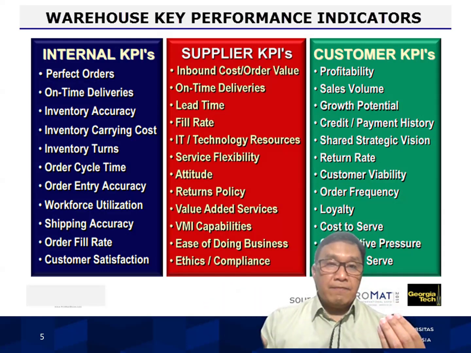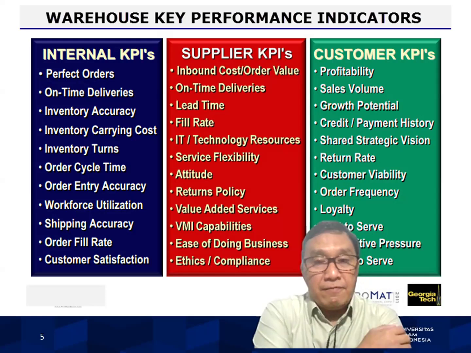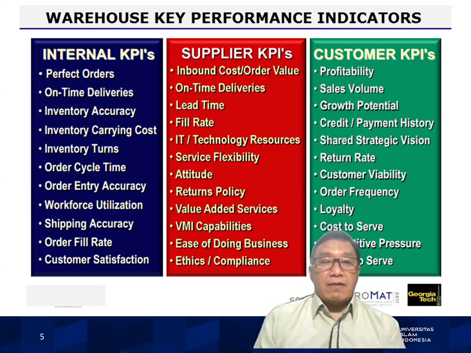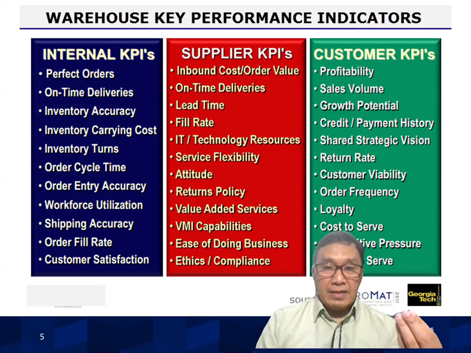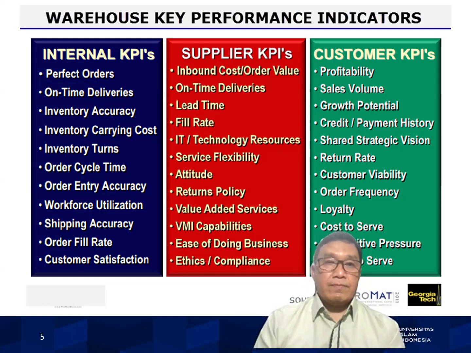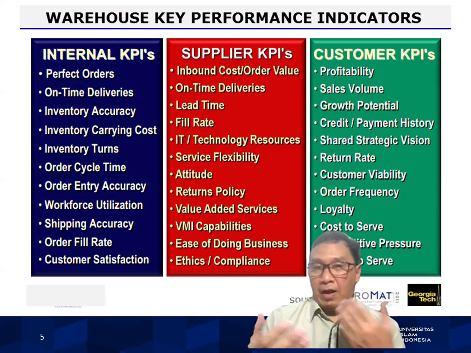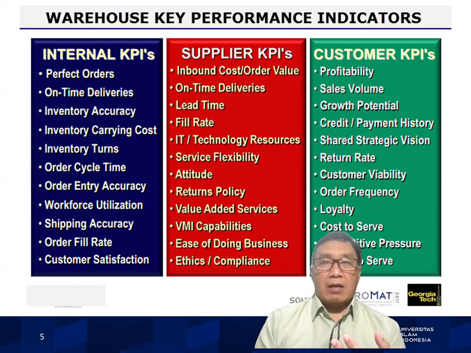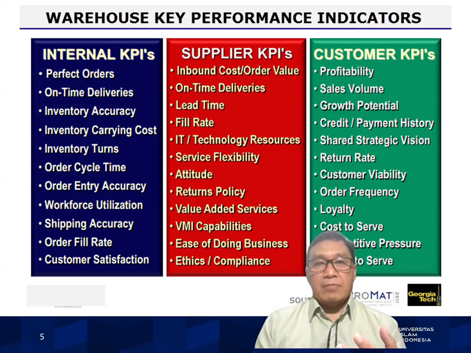If we have a good inventory accuracy, the number in the system should be the same as the number in the warehouse. If we have a gap, for example the system shows 10 but the warehouse has only 8, it's not accurate.